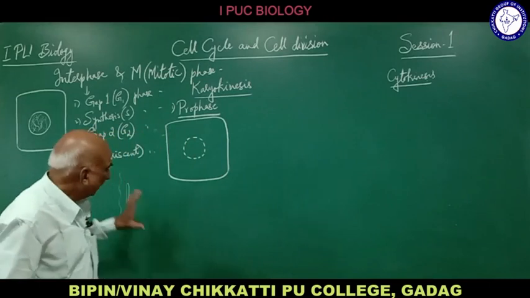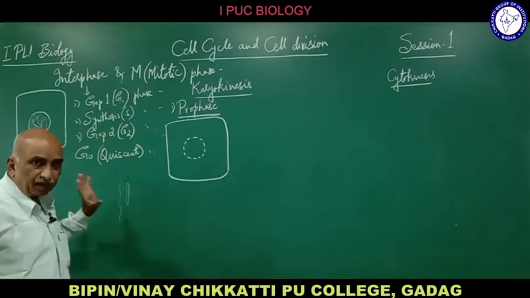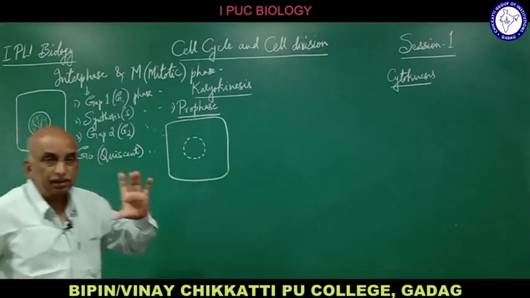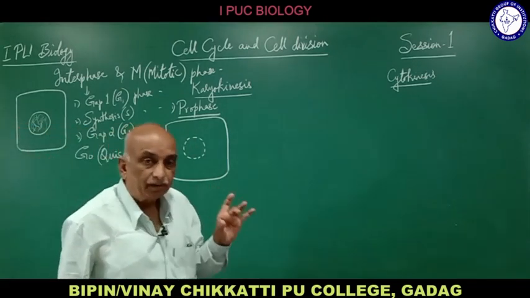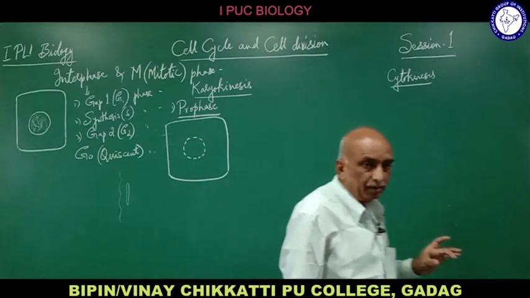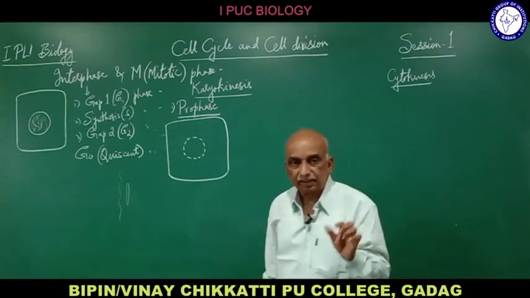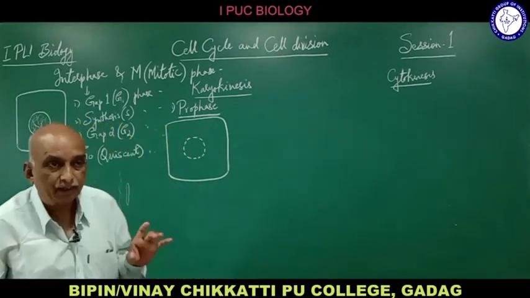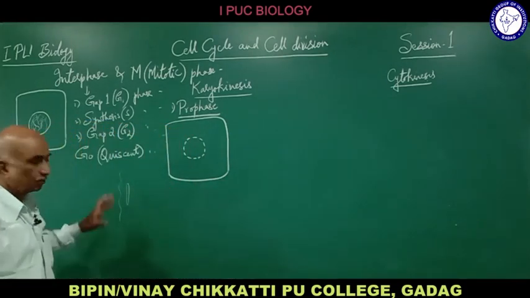So the chromatin starts condensing during prophase, becoming thick and condensed to form a rod-like structure called a chromosome.